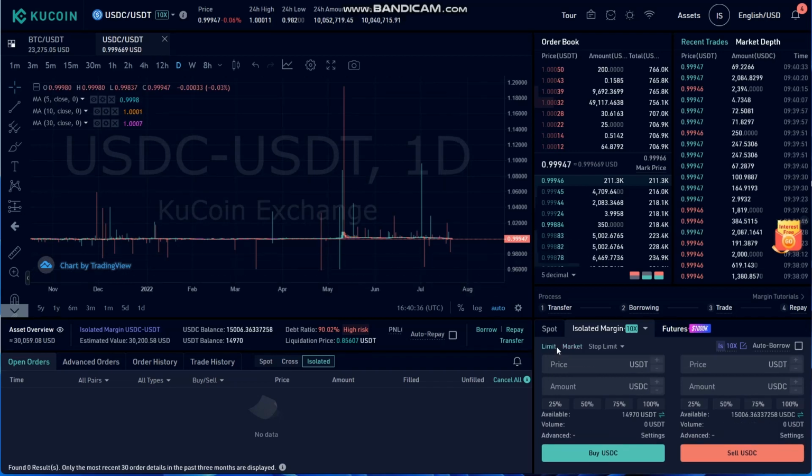So I'm gonna do a limit buy. 0.99 would be a 1% drop around here. So I think I want my first order to be a little bit higher than that. So like 0.993, and we'll do about 3,000 USDC.